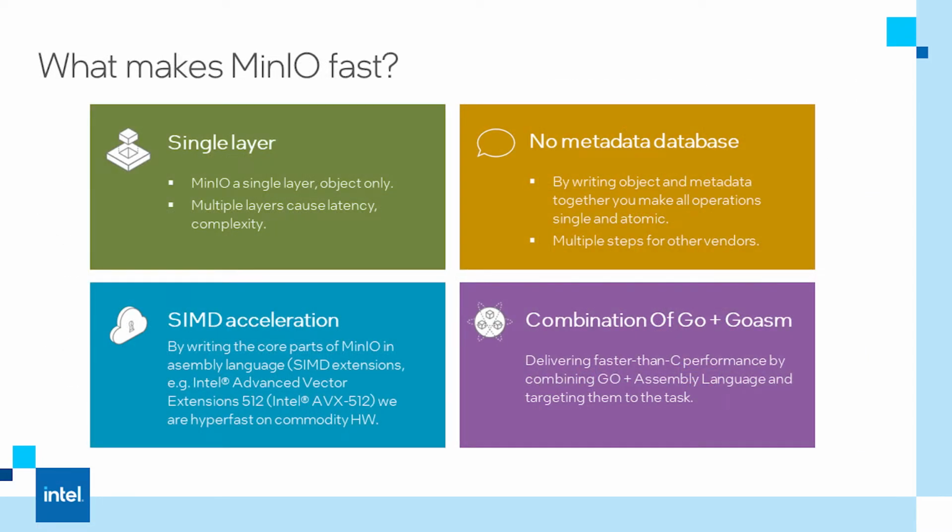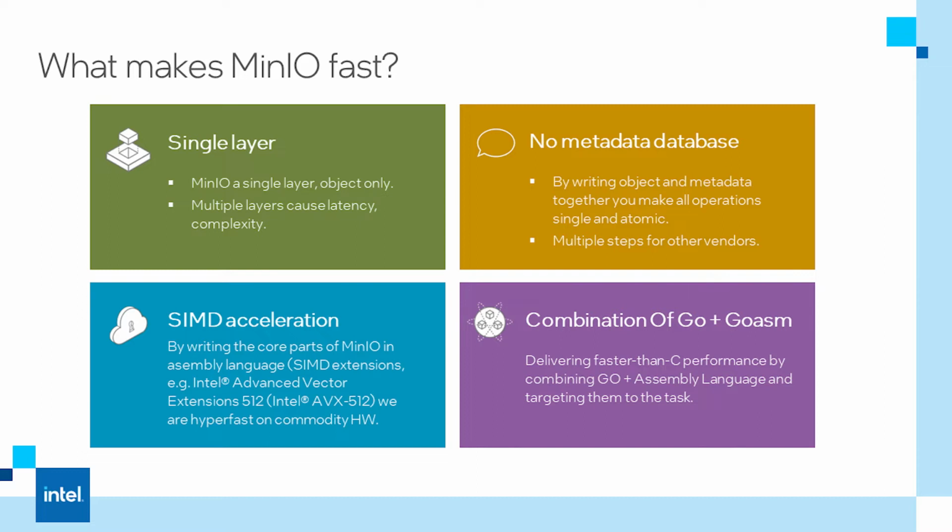So let's talk about a few additional things that make MinIO attractive. MinIO strives at doing one thing and one thing well, that is object storage, which allows MinIO to put a lot more focus on performance of object storage. It's designed with simplicity in mind.